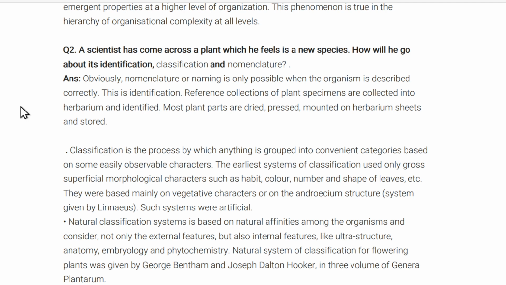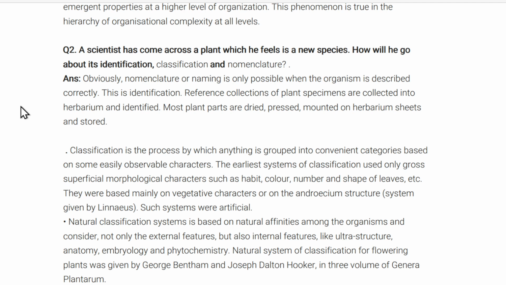Classification is the process by which anything is grouped into convenient categories based on some easily observable characters. The earliest systems of classification used only gross superficial morphological characters such as habit, color, number, and shape of leaves, etc. They were based mainly on vegetative characters or on the androecium structure, a system given by Linnaeus.